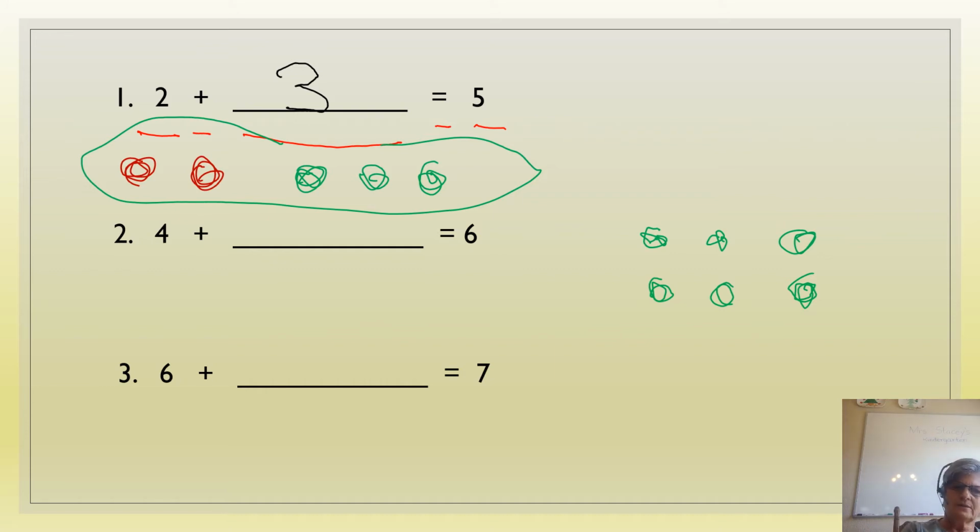Write 4, then the plus symbol, and then just draw a line and go equal with 2 lines, and I put 6.